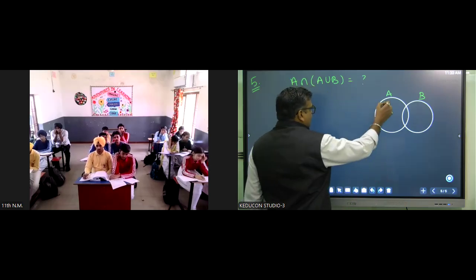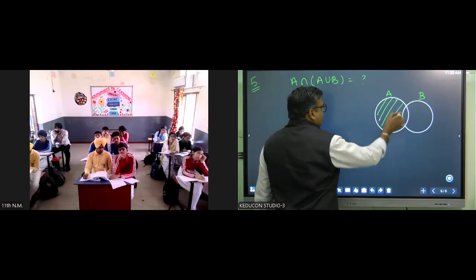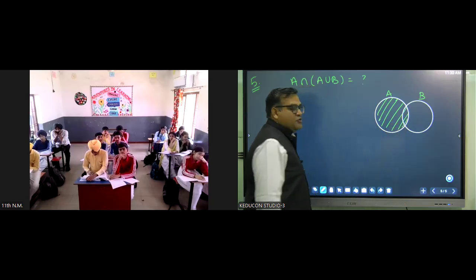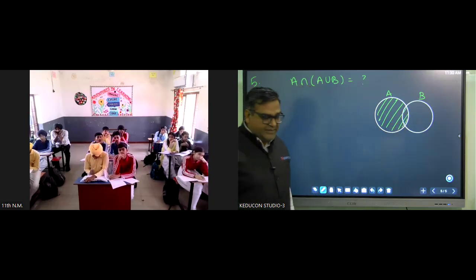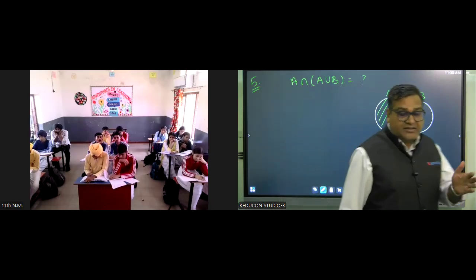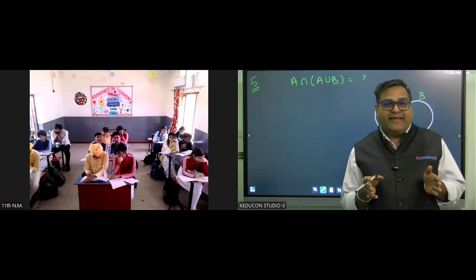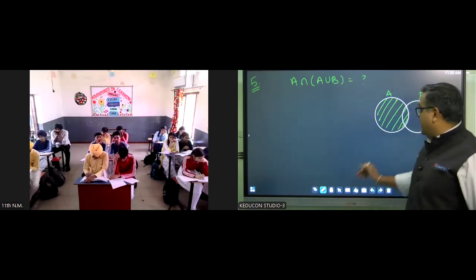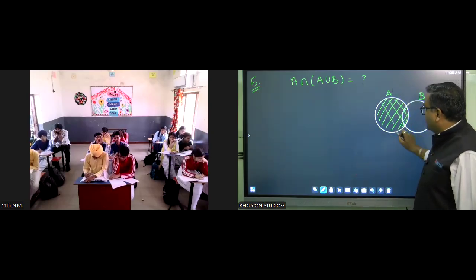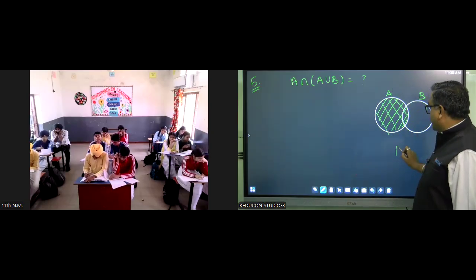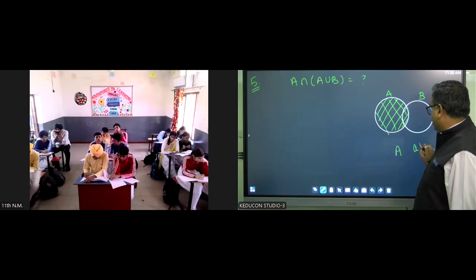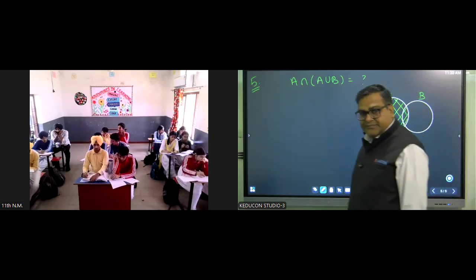Yes. बच्चे, तो ये वाला जो पार्ट है ये हो जाएगा जी. इज कॉमन टू बोथ. इंटरसेक्शन का मीनिंग क्या होता है? द कॉमन पार्ट बिटवीन A and A union B will be A only, this part. So hence the right answer will be A. Option A है बेटा ये. Is it clear?